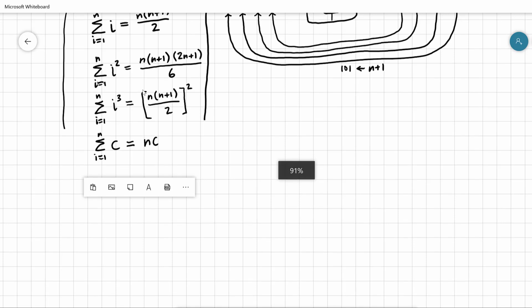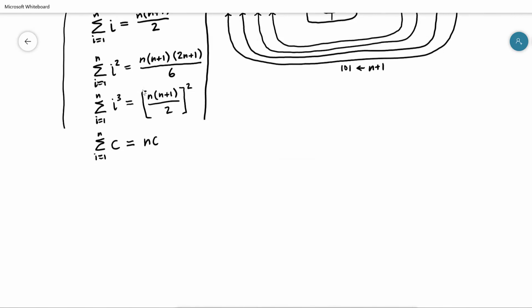So there's one thing you can do. Some other rules, just how to manipulate these things. If you've got the sum from i equals 1 up to n, and you've got some constant times something that does depend on i, so a_i could be any one of these things that we have up here, any other thing that happens to depend on i. The point is that constant, as far as the i is concerned, doesn't have any i dependence. I can pull it outside of the sum. So it's the constant times the sum from i equals 1 to n of just the a_i.